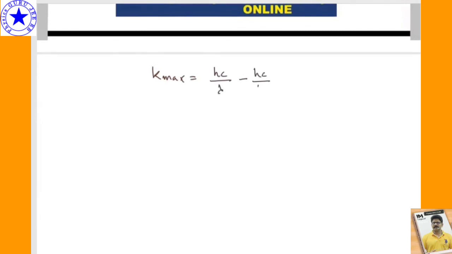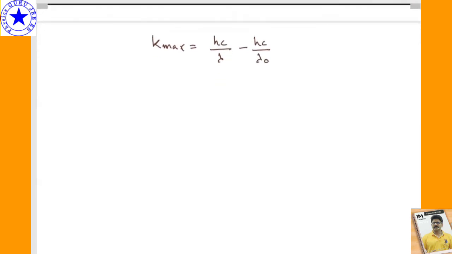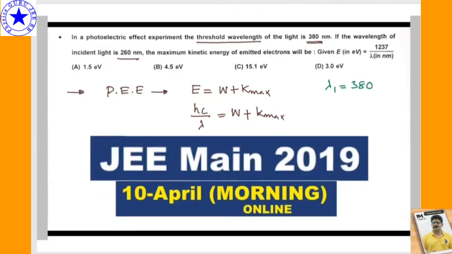W can be written as hc by lambda naught, where lambda naught is the threshold wavelength. Now K max equals hc, you can take it as common, then 1 by lambda. First, lambda is given, so let me take lambda 1 equal to 380 nanometers, and lambda 2 we can substitute directly in nanometers, 260 nanometers.